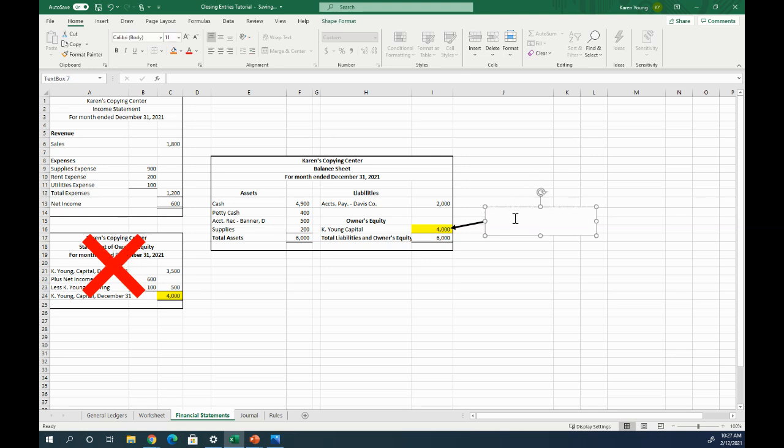All you would do to calculate this capital is take the beginning capital, add the net income, and subtract the drawing. You should be preparing owner equity statements, but sometimes our book doesn't have you. Sometimes the problems just have you do an income statement and a balance sheet. So if you don't have one, you can just recalculate capital on your own.